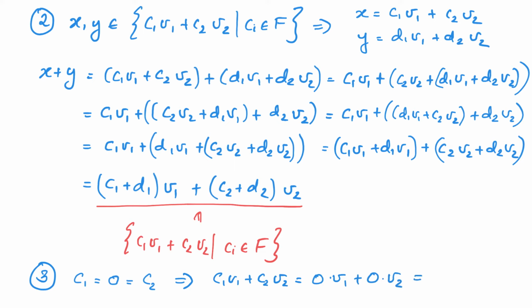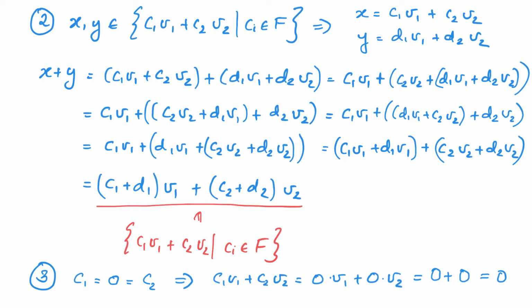Now we have seen that 0 into any vector is equal to 0. Therefore, 0 V1 is equal to 0 and 0 V2 is also the 0 element of the vector space. And 0 element plus 0 element is the 0 element itself in the vector space. Thus, C1 V1 plus C2 V2 is the 0 element of the vector space if C1 and C2 are both the 0 element of the field F. And thus this set has the additive identity as well.